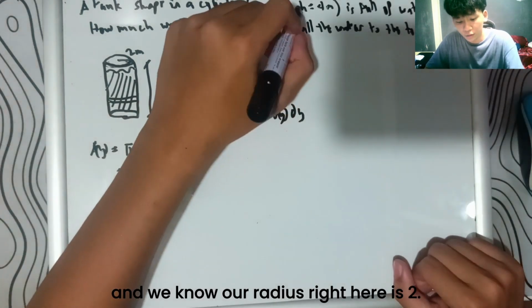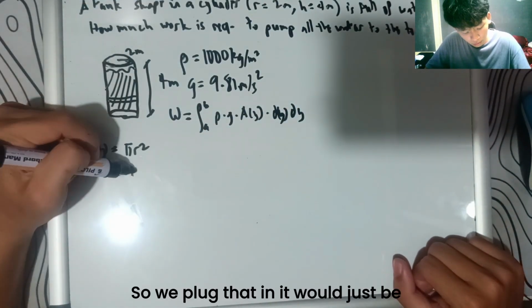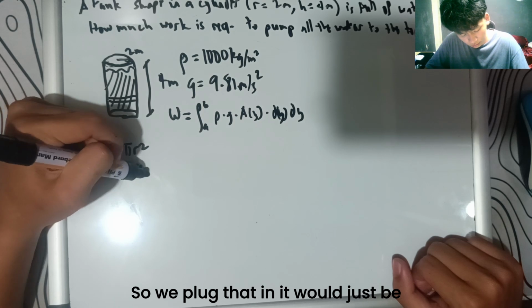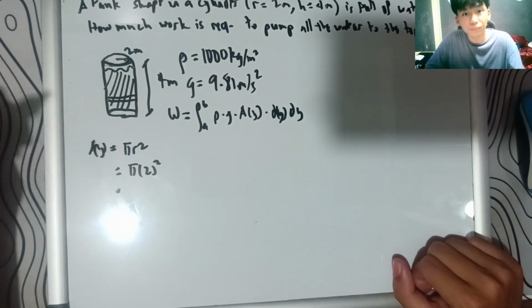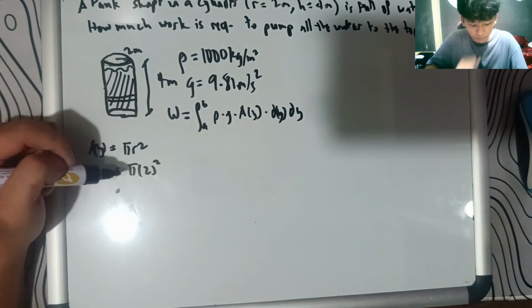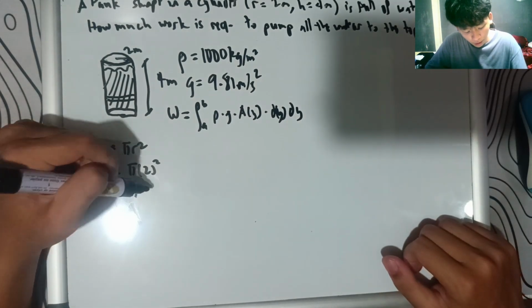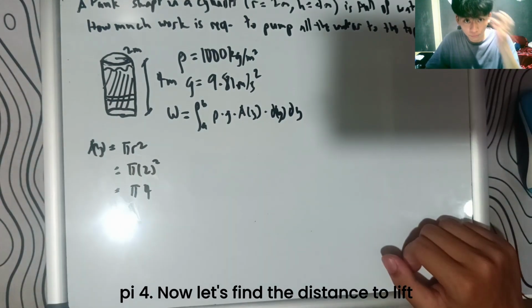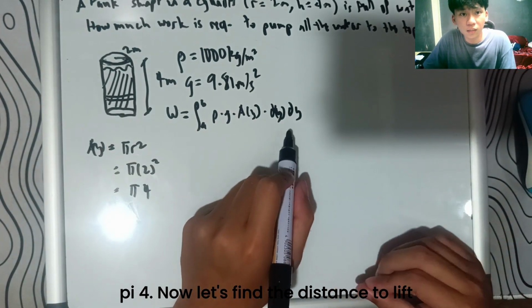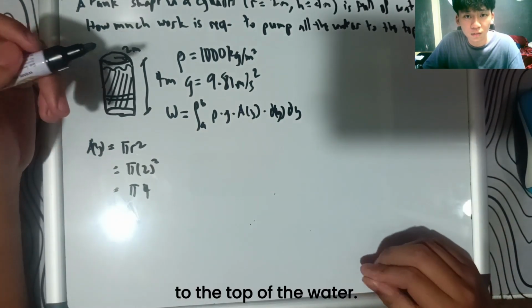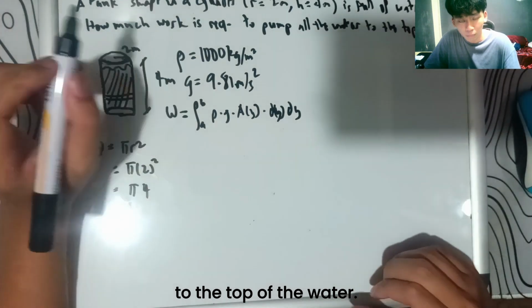And we know our radius right here is 2. So if we plug that in, it would just be 4 pi. Now let's find the distance to lift the water to the top of the tank.